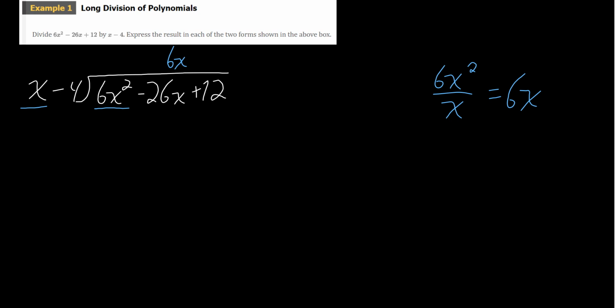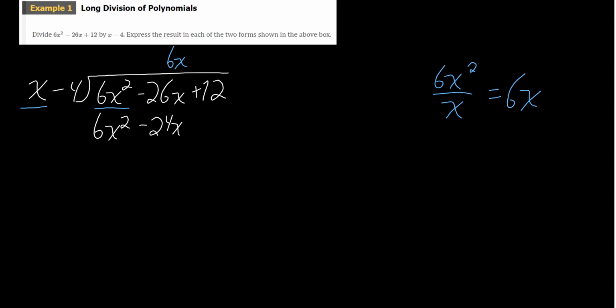Okay, so 6x squared here, and then 6x times this negative 4. Well, that's going to be a negative 24x. Negative 24x, and then the 12. There's nothing else I can do.